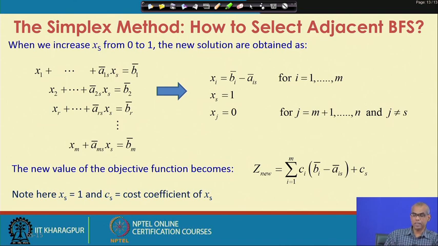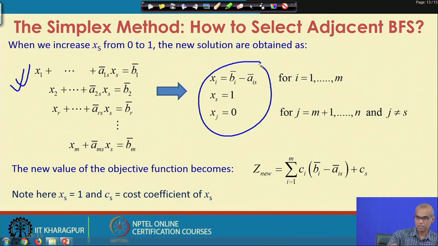The initial solution was xi equal to bi bar, but now the solution is x1 equal to b1 bar minus a1s bar xs, x2 equal to b2 bar minus a2s bar xs, etc. So, the solution can be written as xi equal to bi bar minus ais bar for i equal to 1 to m, all basic variables, xs equal to 1, and xj equal to 0 for j equal to m plus 1 to n, j not equal to s.